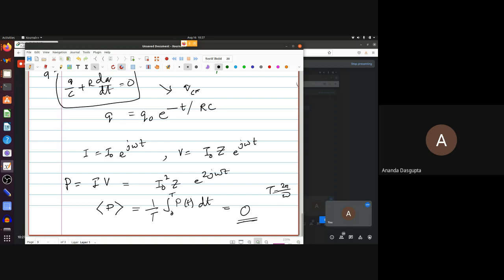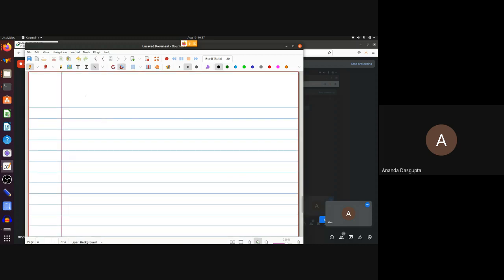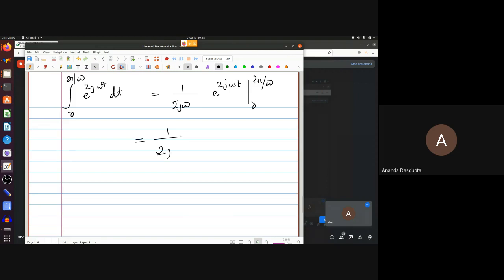When you integrate that from 0 to 2 pi by omega, you're simply going to get 1 by 2j omega times e to the 2j omega t evaluated at 2 pi by omega.